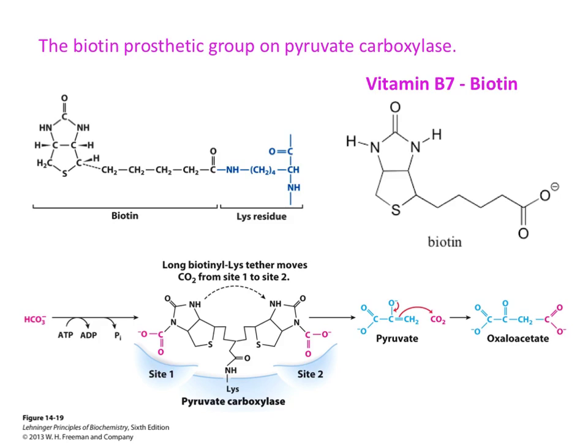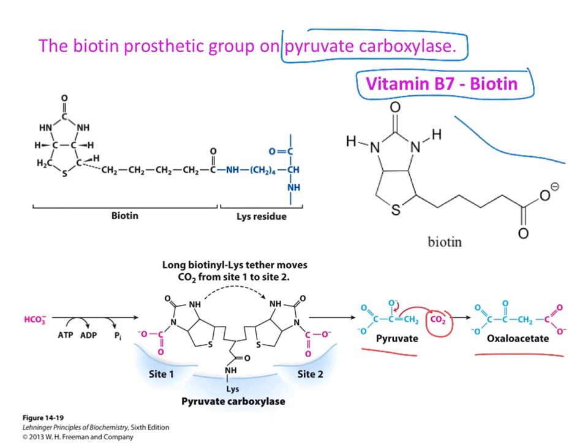All right, so in the first workaround, the first part of the first workaround, where we go from pyruvate to oxaloacetate, in this one they're using CO2 instead of HCO3. They're essentially the exact same thing. That pyruvate carboxylase enzyme uses a vitamin called biotin. And here's the structure of biotin.